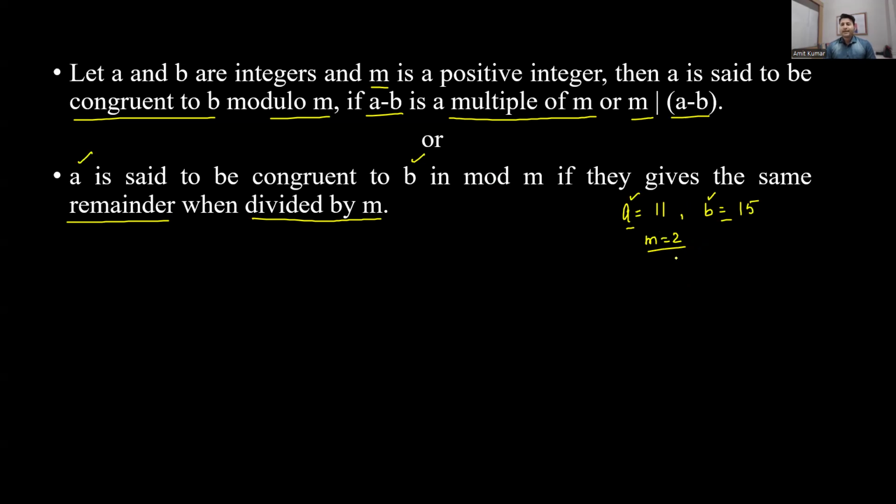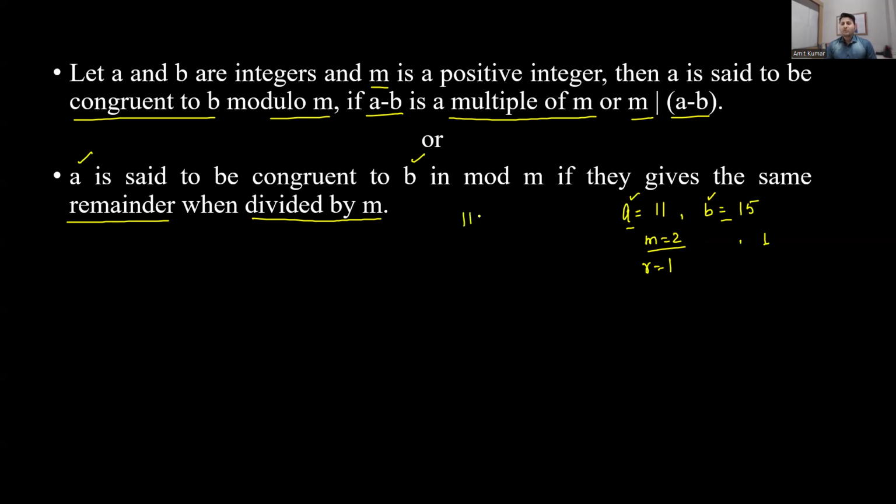So, what is the remainder when 11 is divided by 2? The remainder is 1. When 15 is divided by 2, the remainder is also 1. So here you can see 11 and 15 give the same remainder in modulo 2. Hence, they are called congruent to each other.